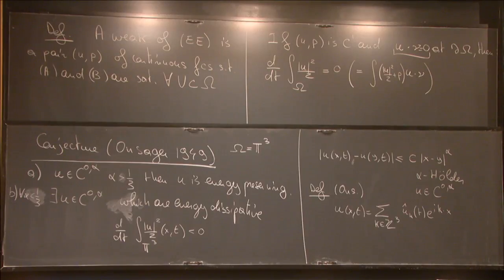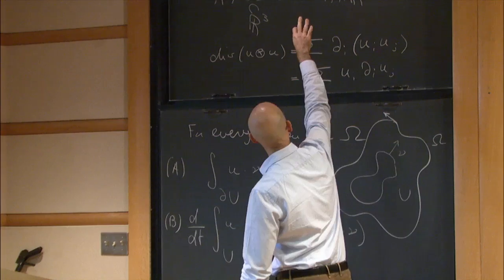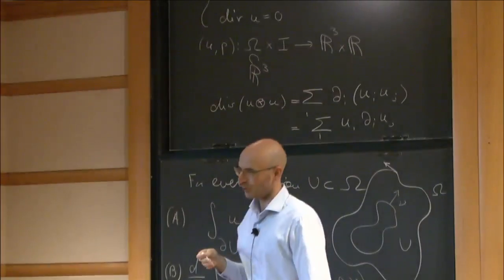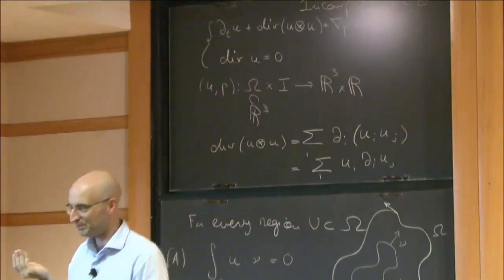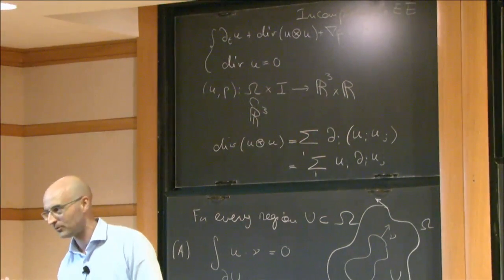Okay, so the pressure, on the other hand, there's an equation which, once you know the velocity, is determining the pressure. The pressure is determined up to a function of time, which is, however, constant in space. But we write it as the gradient of P, because what really is physical is not P itself, it's the gradient of P which is meaningful.